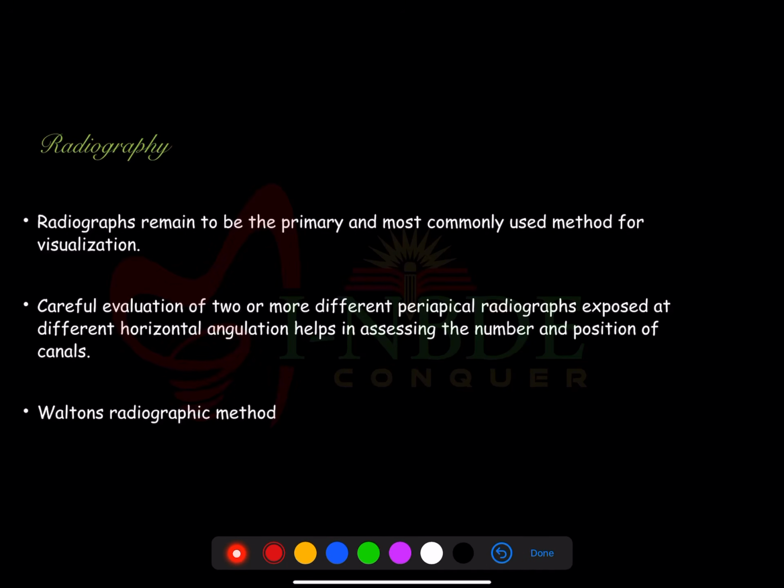The next one, of course: radiographs remain the primary and most important method of identifying root canal morphology. But is it one radiograph? No, it is radiographs from multiple directions. There was a question given in one of the recent sessions: what is Walton's radiographic method? Walton's radiographic method is very specific to endo.